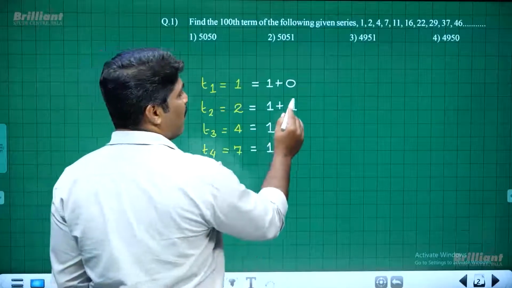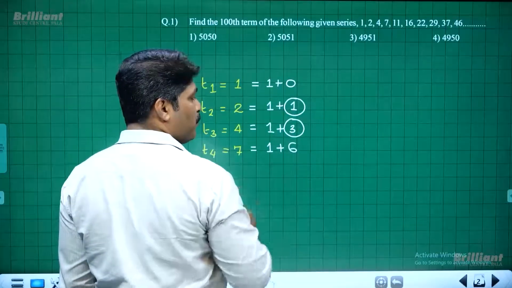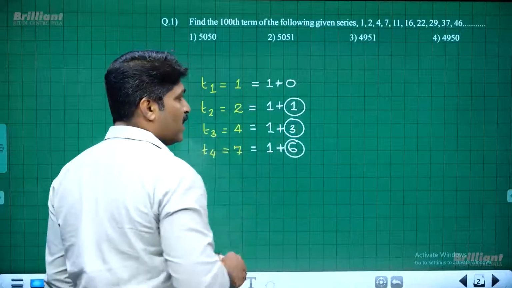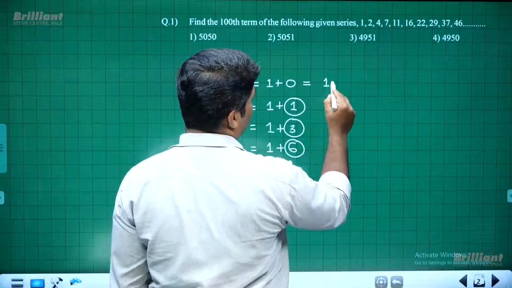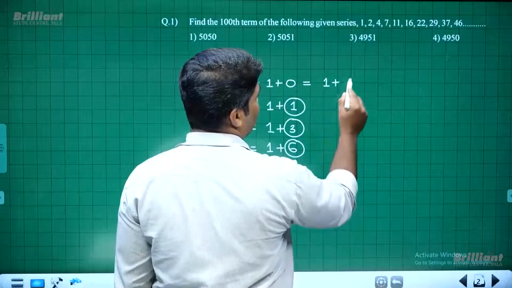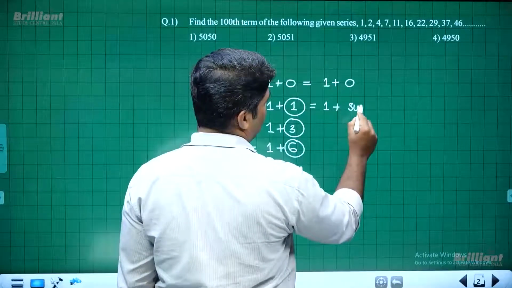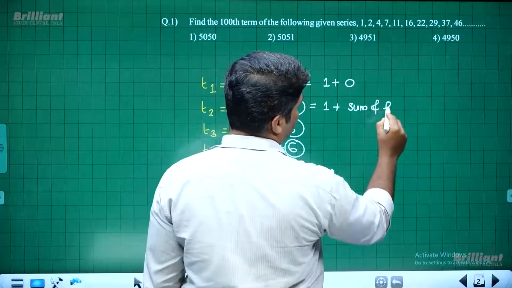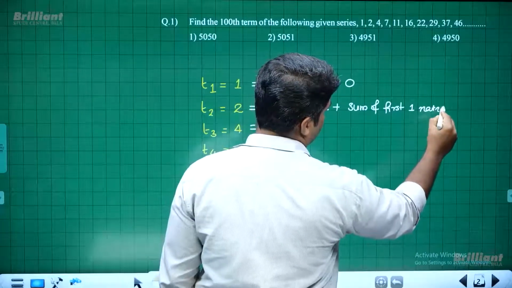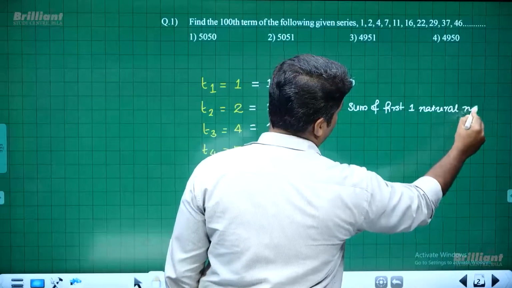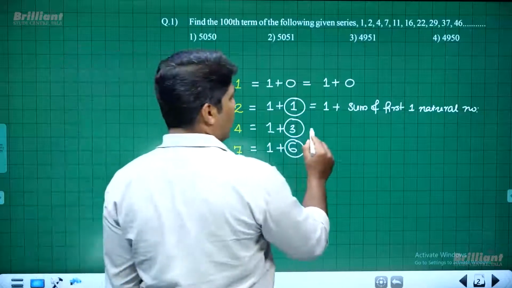This is nothing but the sum of the first one natural number, the sum of the first two natural numbers, the sum of the first three natural numbers. We can write the first step again as 1 plus 0, but here it is 1 plus the sum of the first one natural number. There is no separate meaning for that; it's simply 1 itself, only for generalizing the concept.